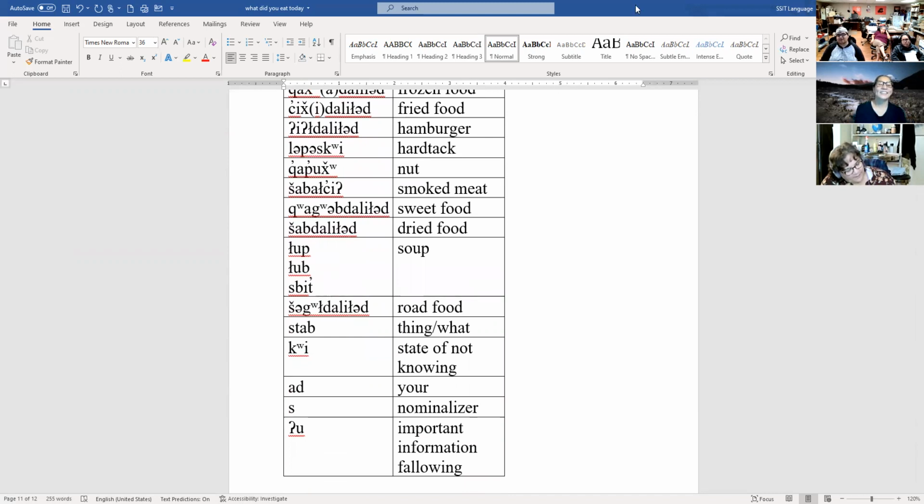I really like road food because if you're on a really long trip, shug dolishid. I like that. Shug dolishid.